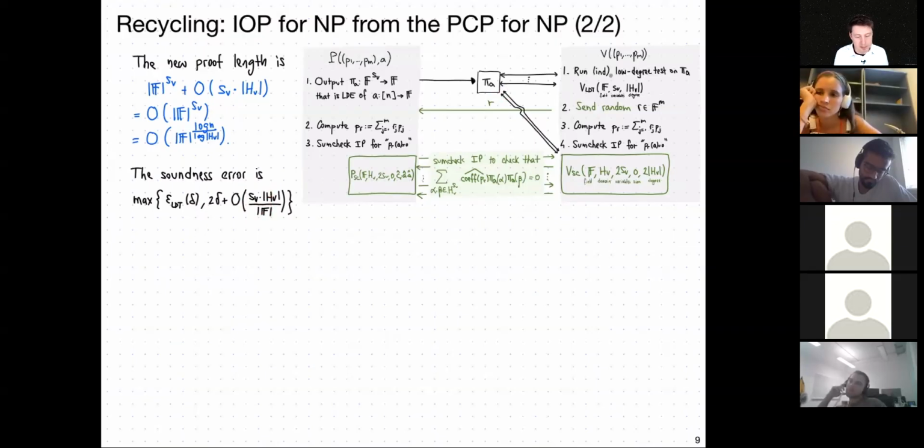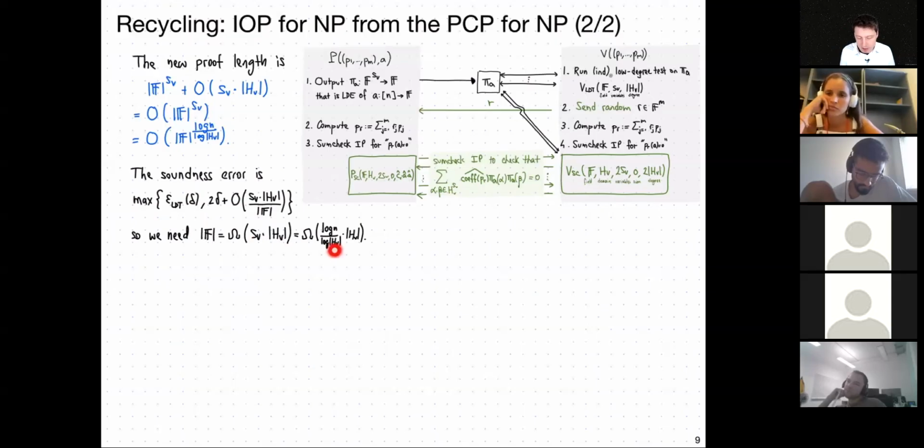You should have seen this expression already, maybe with a plus in the middle, but you can even have it as a maximum. And so it tells us that the field needs to be at least sv times hv, which is log N over log hv times the size of hv. If it has to be at least this large, fine, let's make it that large.